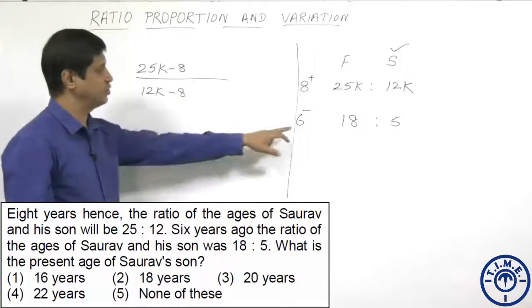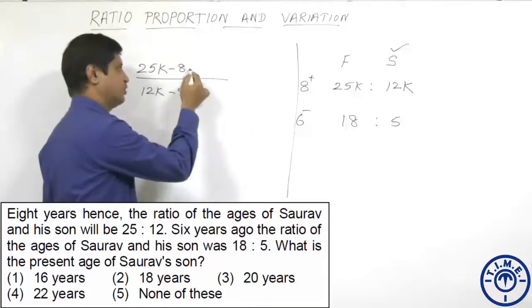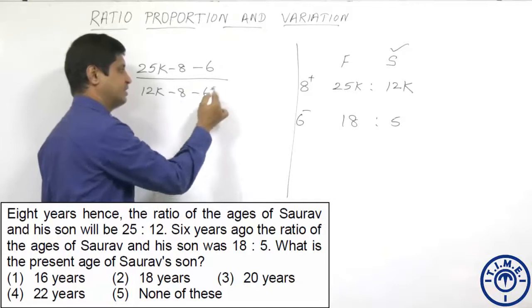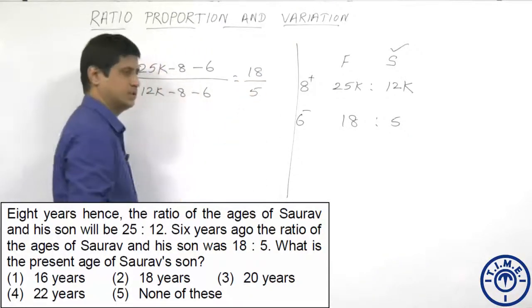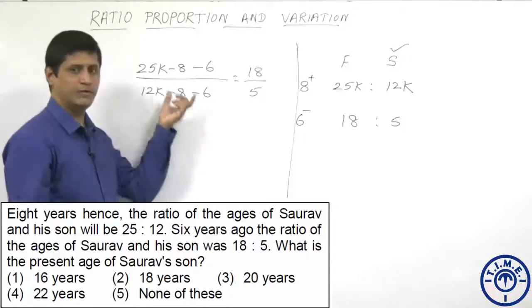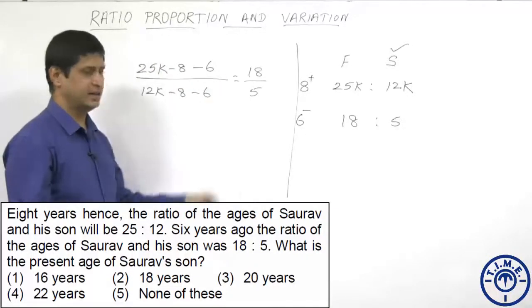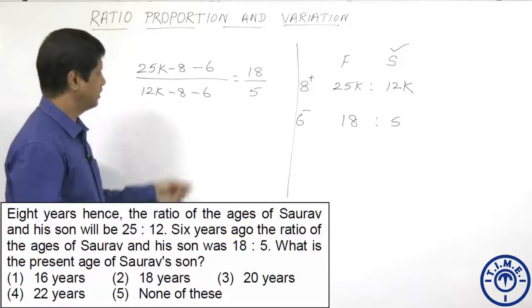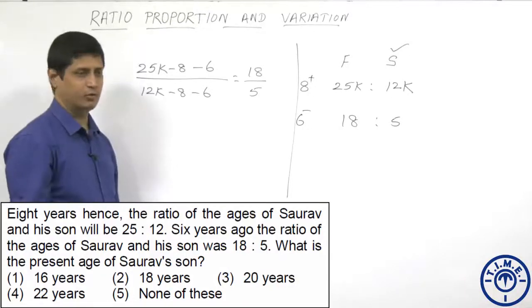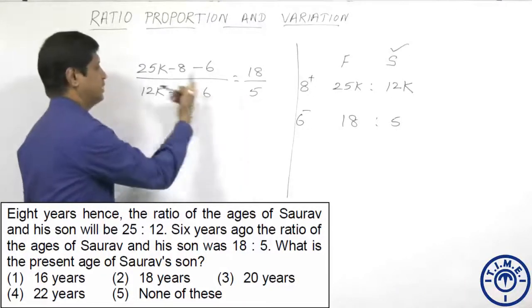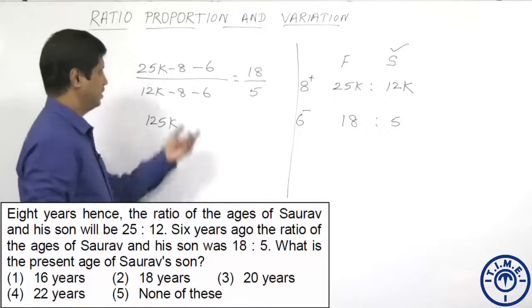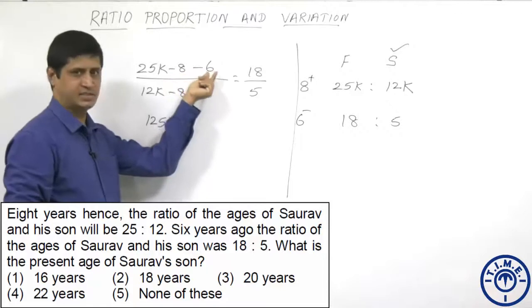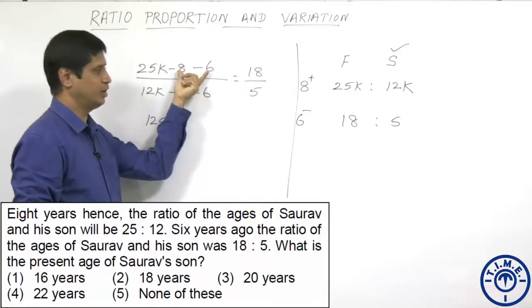Now 6 years ago means when you subtract 6 from the present ages, the result is 18:5. Now it is in the form of A by B is equal to C by D. Now cross multiply, we get the value of K. 5 times 25 is 125K. Now minus 8 minus 6, the sum of these two is 14.